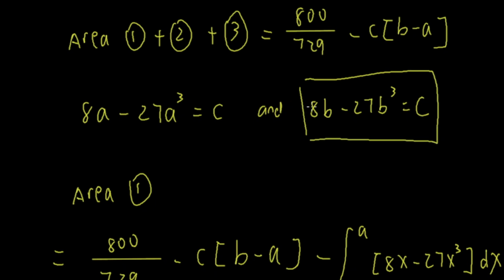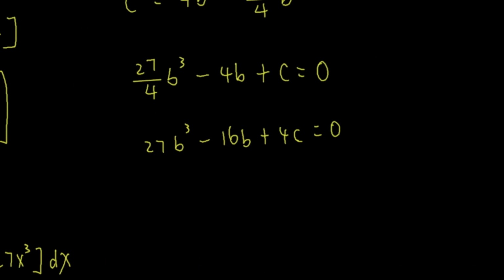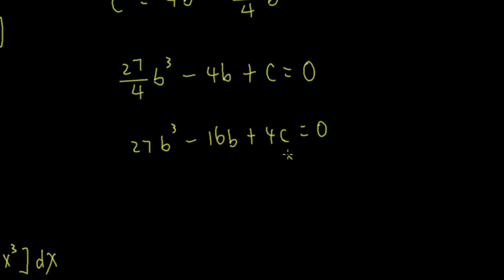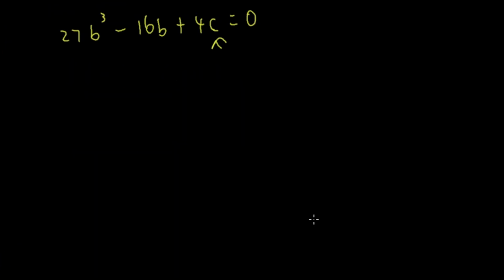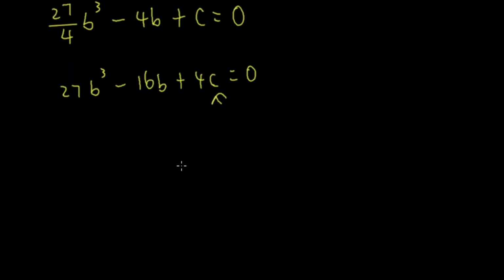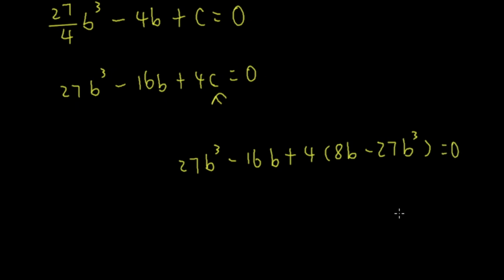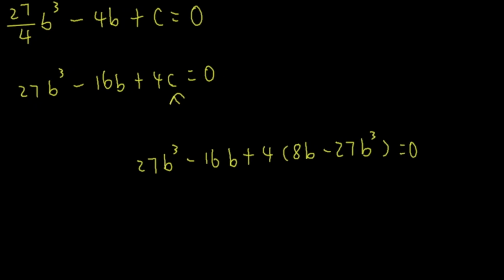C is also equal to ab minus 27b cubed. So we can put it into c here, okay? So we have this. Okay, so we can do this. 27b cubed minus 16b plus 4 times ab minus 27b cubed, that's equal to 0, because this is also equal to c, right?